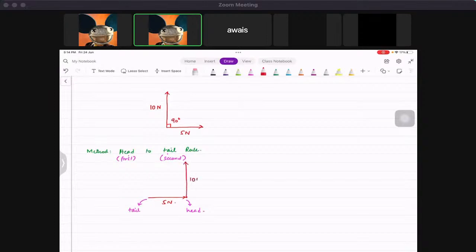Then from the start to the end you draw another vector, and that would be the resultant of these two.